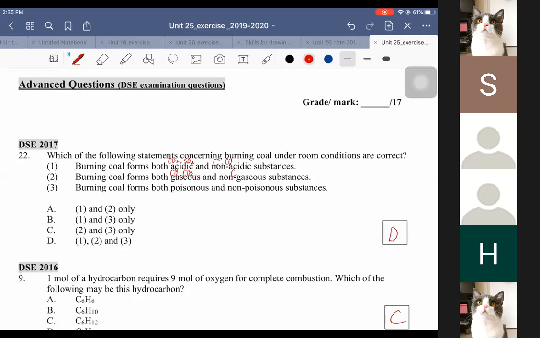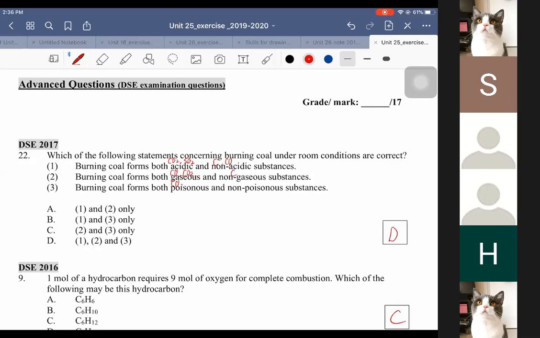And then the third statement, burning coal forms both poisonous and non-poisonous substance. So for poisonous substance, example we can list out are carbon monoxide. Okay, very toxic. If it binds with your hemoglobin, it will not release so easily, so you cannot take in enough oxygen.